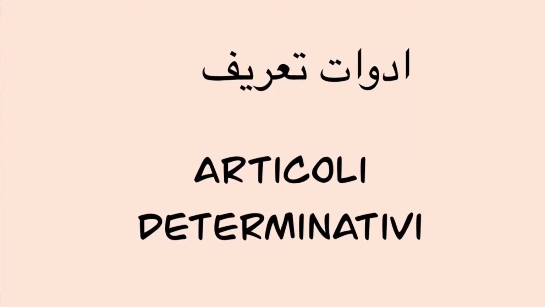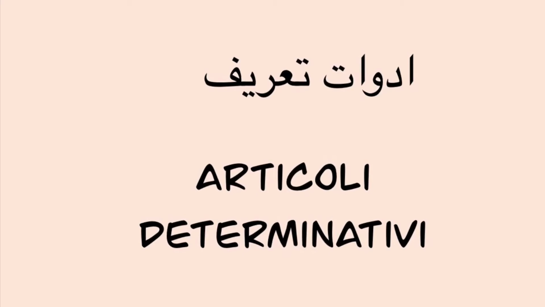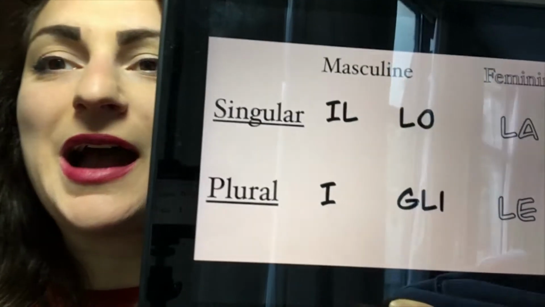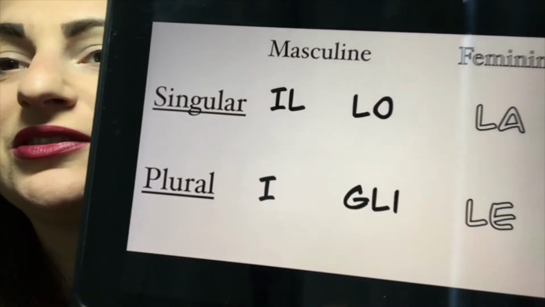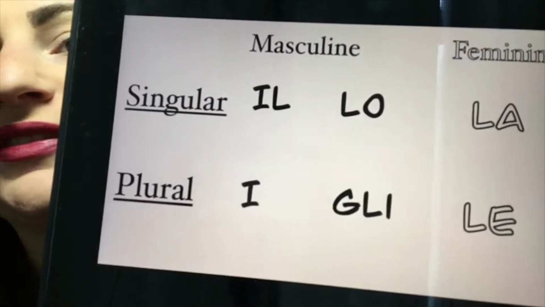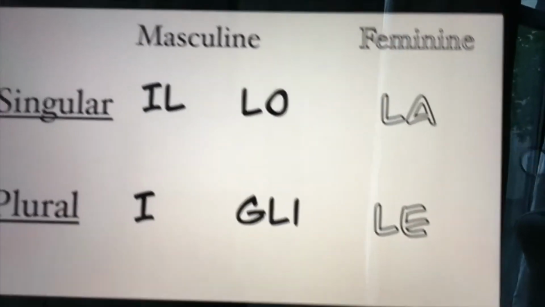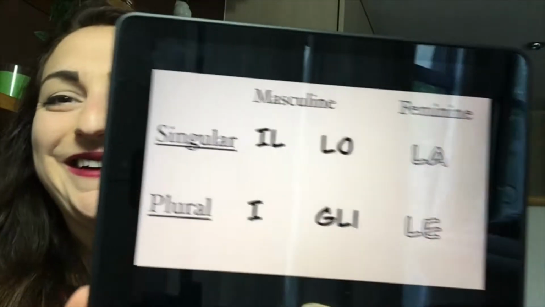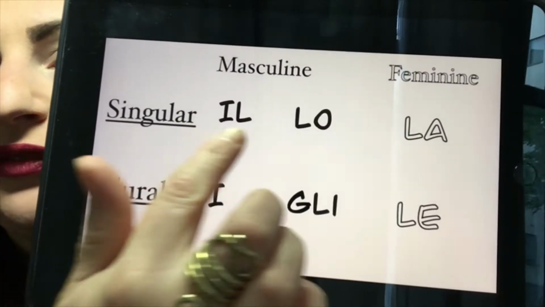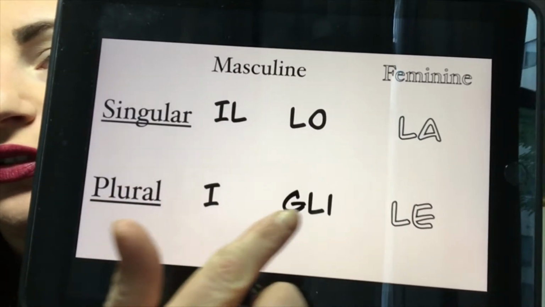Articoli determinativi. I'm going to explain the definite articles by using this kind of scheme that I've made with my iPad. So we have three for the singular and three for the plural.